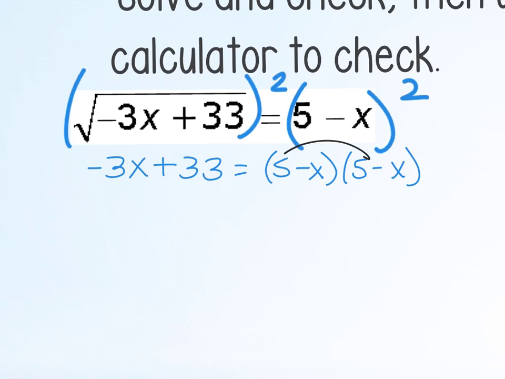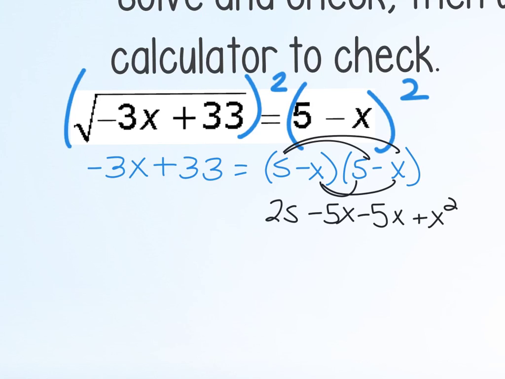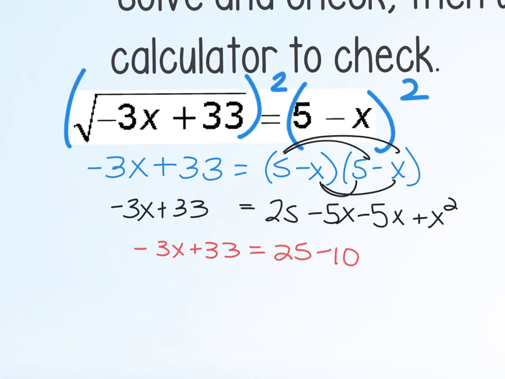So this would be 25 minus 5x minus 5x plus x squared. Then I want to combine my like terms. So I've got 25 minus 10x plus x squared.